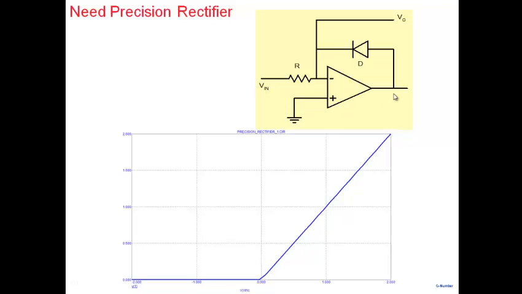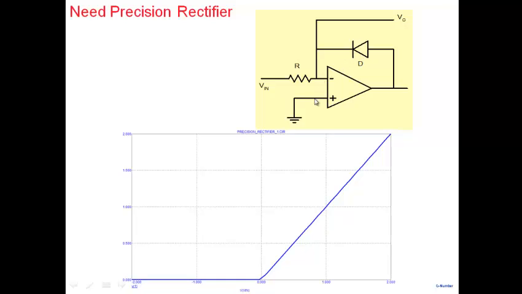Now, once that happens, we note that this is an op-amp circuit and the negative feedback loop is completed through the diode here. And we know that an ideal op-amp with negative feedback has a virtual ground property.